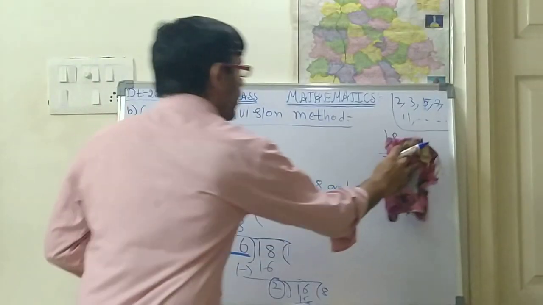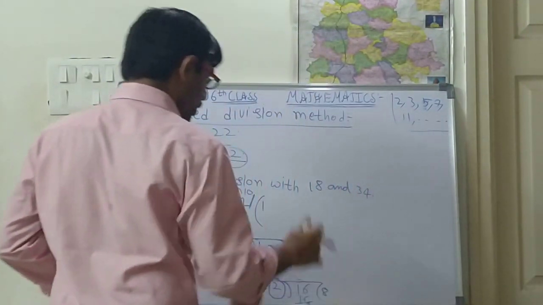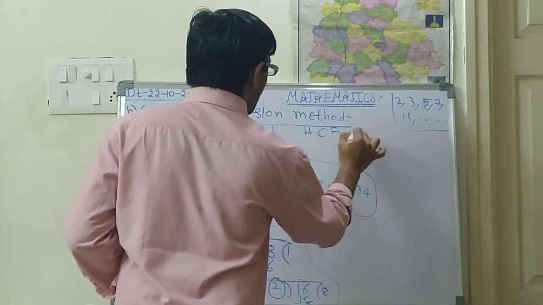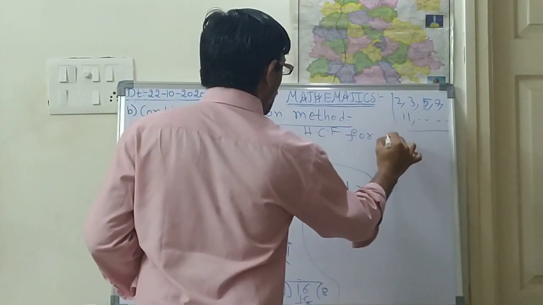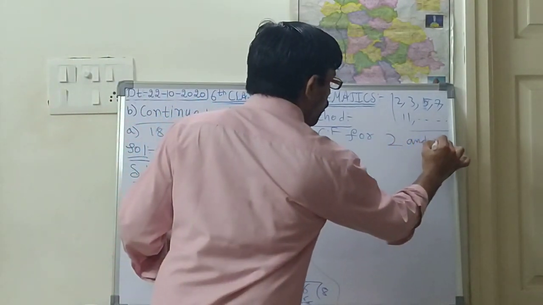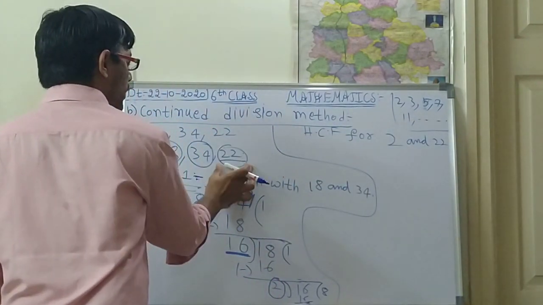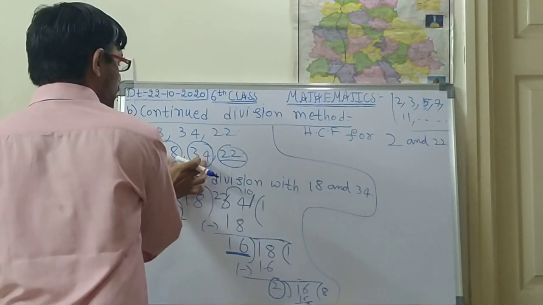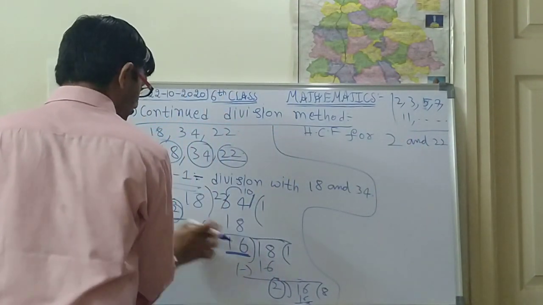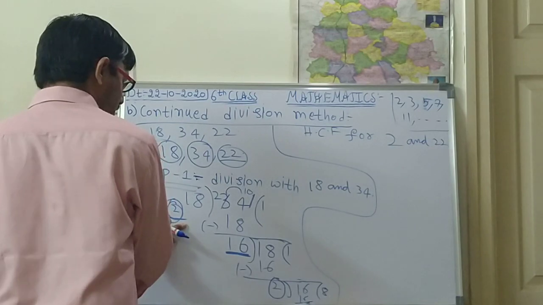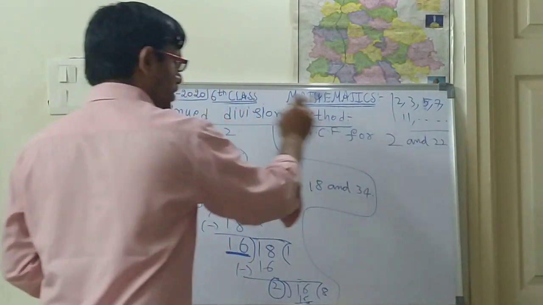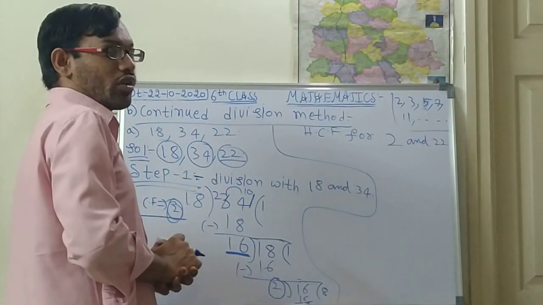The HCF of 2 means this 2, and 22 means the remaining number. After doing this HCF, for the remaining number and the resultant HCF of the previous division method, we do this method again.